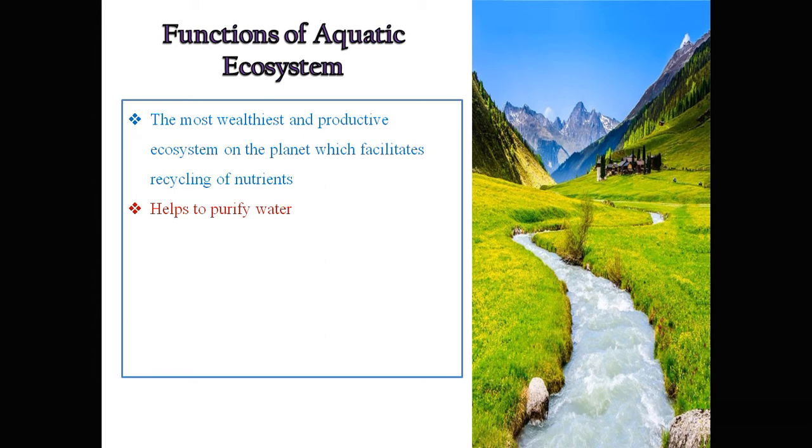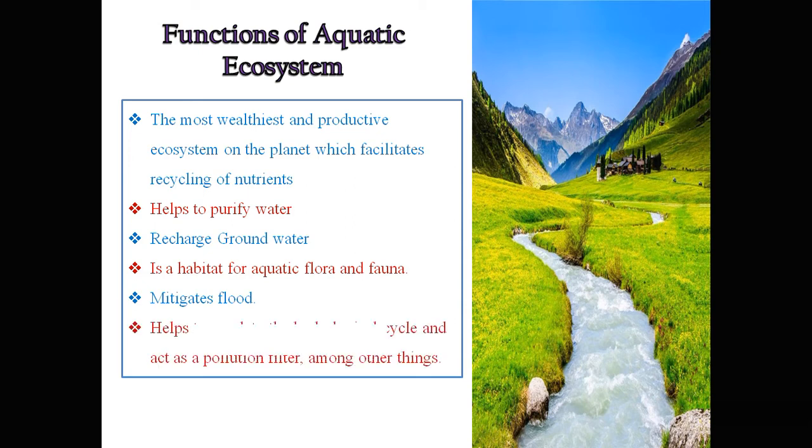It helps to purify water. It recharges groundwater. It is a habitat for aquatic flora and fauna. It mitigates flood. It helps to regulate the hydrological cycle and acts as a pollution filter, among other things. So these are the important functions of the aquatic ecosystem.